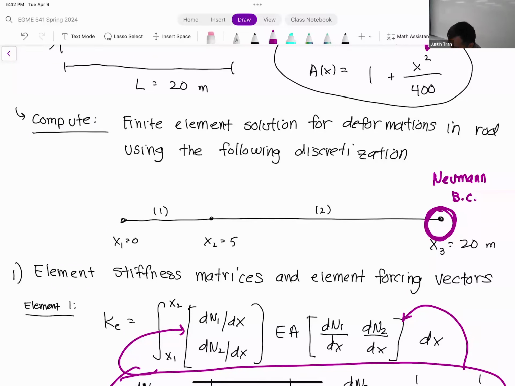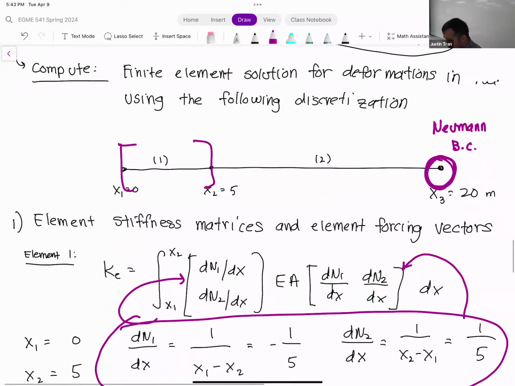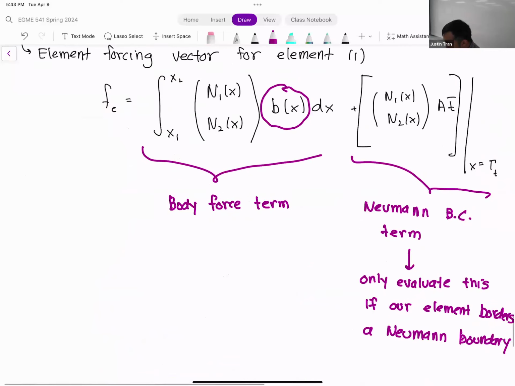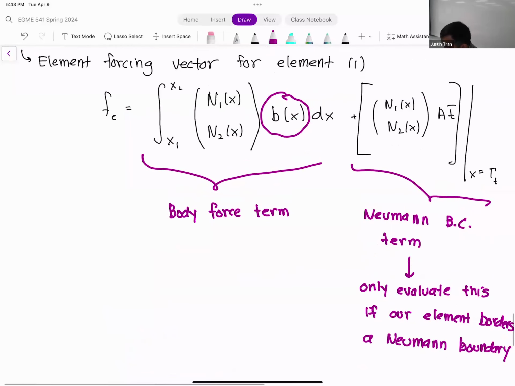But we're not on element 2 yet. We're evaluating the element stiffness matrix and element forcing vector for element 1. So for now, we're not going to evaluate this term. We're just going to ignore it.